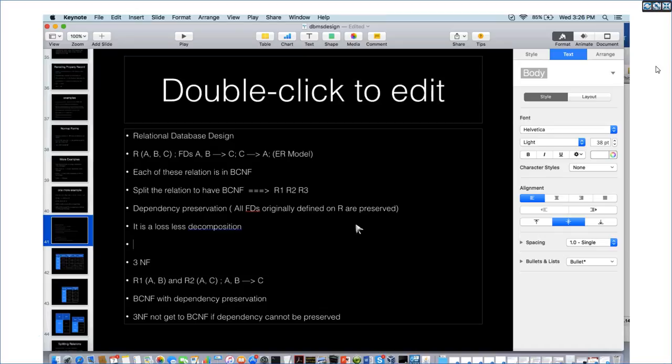This is the first level of understanding of how we are doing the relational database design. In this particular case, this relaxation comes because the split will produce a problem. If you split this relation where the right side is part of a key, it will produce this dependency preservation problem.